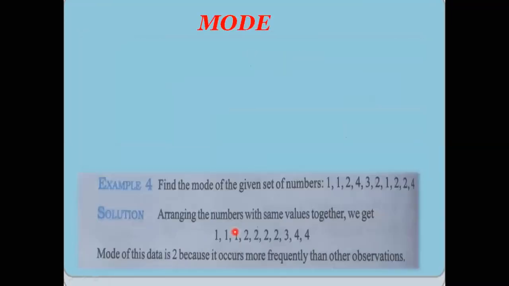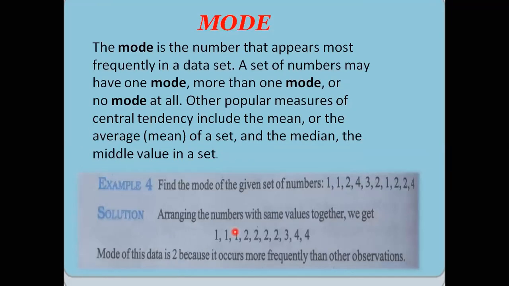Next, let us see what we mean by mode. The mode is the number that appears most frequently in a data set. A set of numbers may have one mode, more than one mode, or no mode at all.